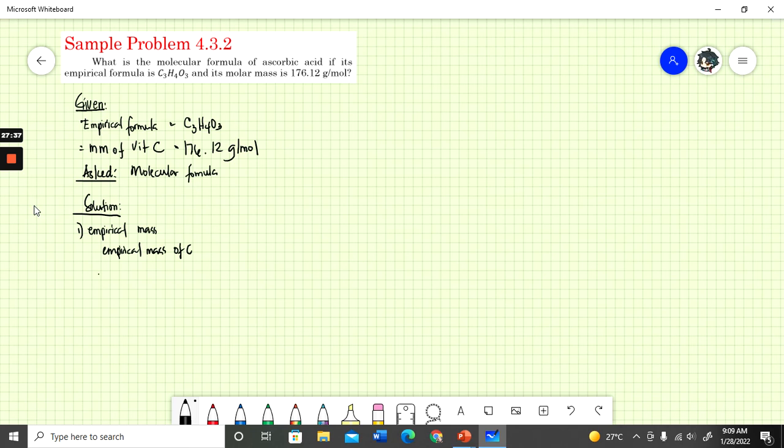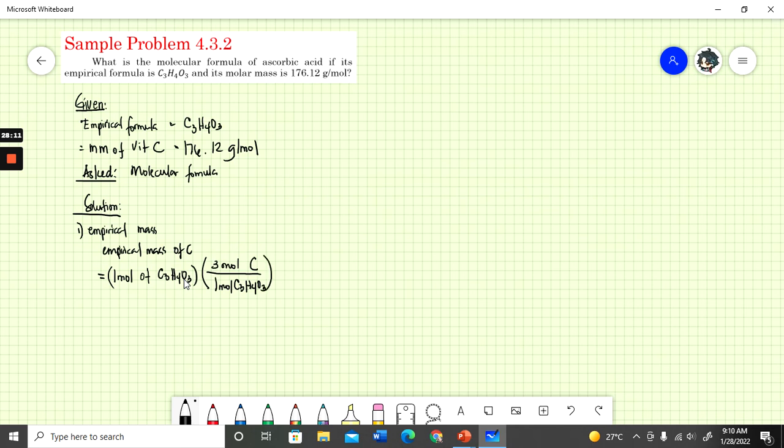We're going to take 1 mole of C3H4O3, and then we have to multiply that by 3 moles of carbon, since we know there are 3 moles of carbon in 1 mole of C3H4O3. I hope you guys remember this.